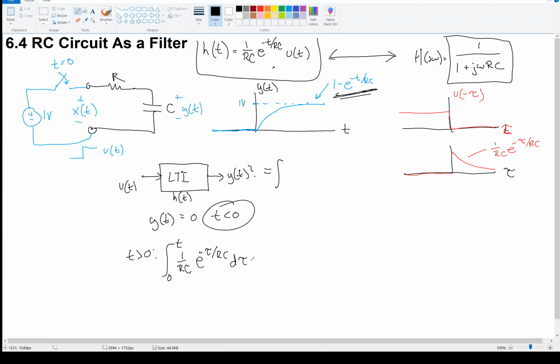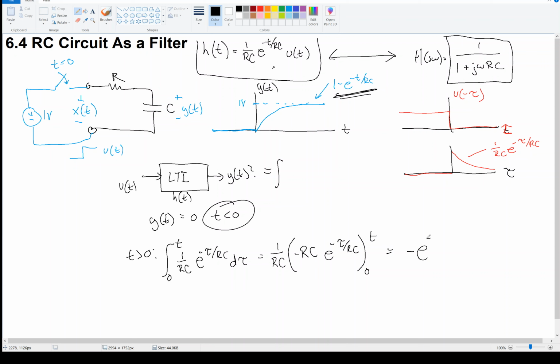the integral of 1 over RC e to the negative tau over RC d tau. Okay, so I need to do that integration. 1 over RC is a constant. When I integrate e to the negative tau over RC, I get a constant negative RC times e to the negative tau over RC, from 0 to t. So then the RCs cancel.